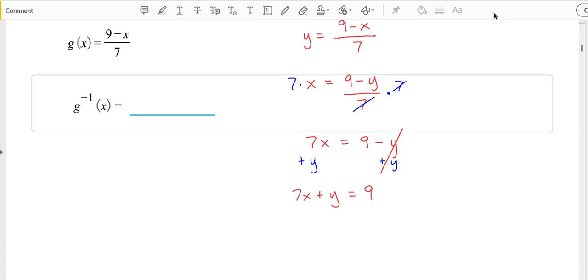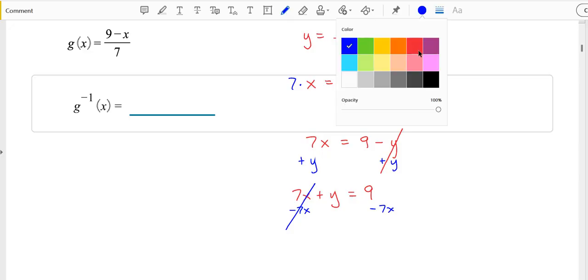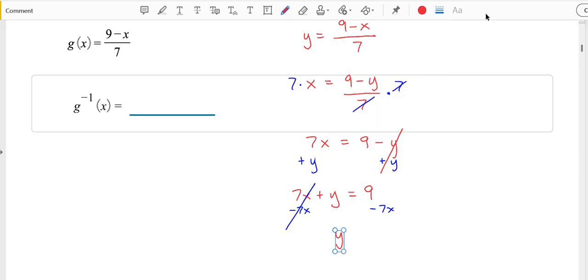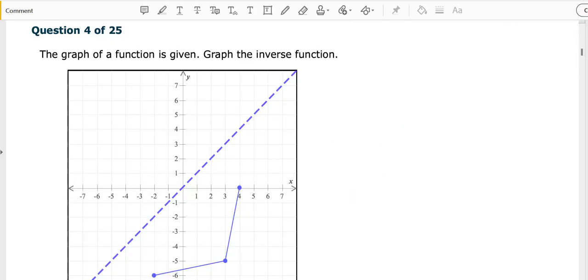I have 7x plus y equals 9. The last thing I need to do is get the 7x to the other side. So I'm going to subtract 7x from both sides. And I'm left with y equals 9 minus 7x. That's my inverse.